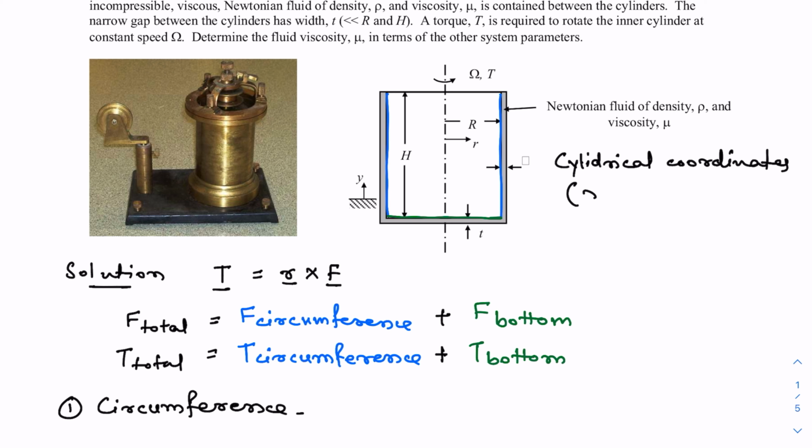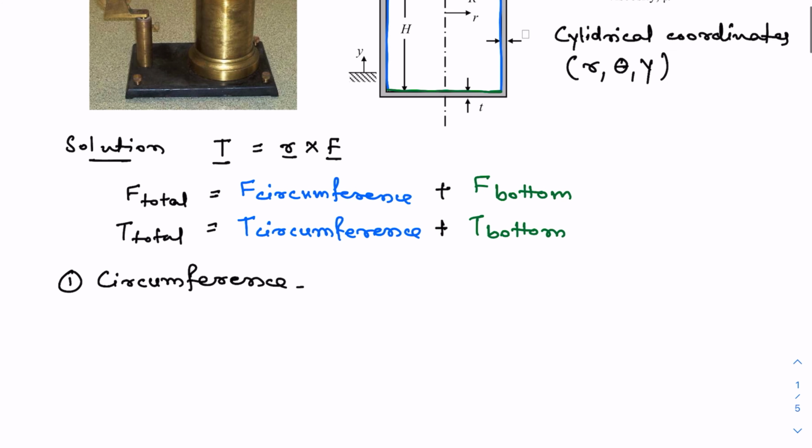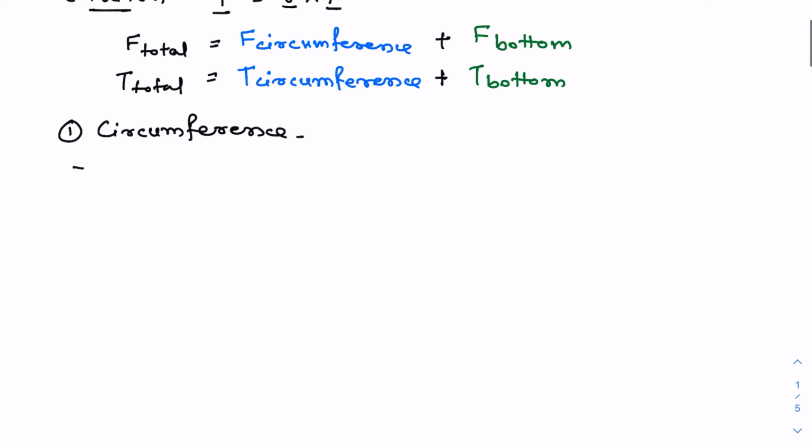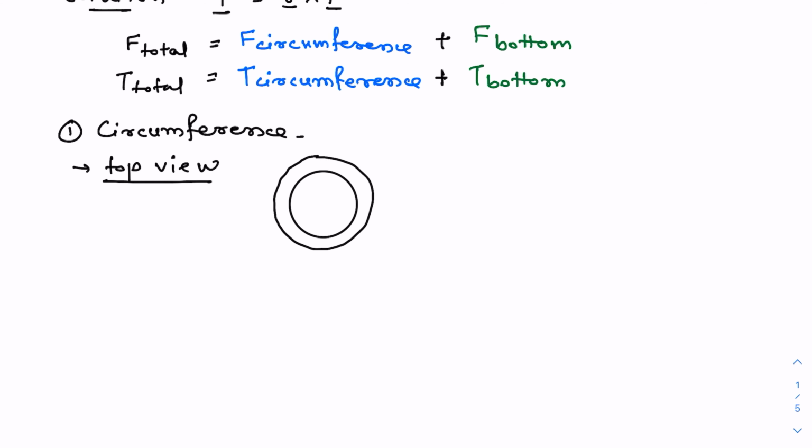So we have a radial coordinate r, then polar coordinate theta, and the vertical coordinate as y shown there. So if you look at this device from the top, the top view reveals that there is this inner cylinder and the outer cylinder.